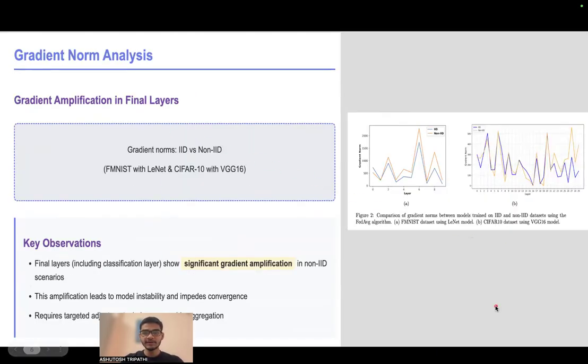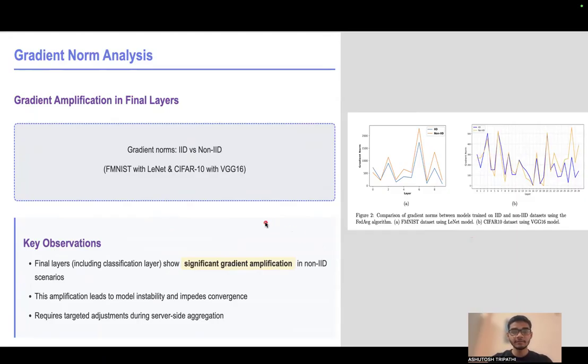To get to the root cause of the problem, we have done gradient analysis. We have taken the IID and non-IID cases again, and we have plotted the gradient norm for each layer of the model. If you observe closely, only the latter layers show significant gradient amplification in the presence of non-IID data. In the initial layers, we do not see much amplification; IID and non-IID gradient norms look more similar.